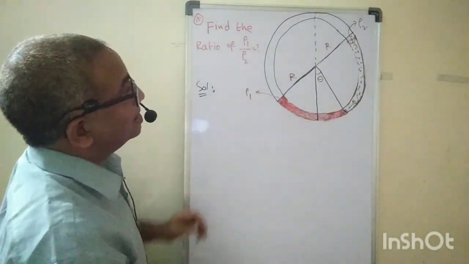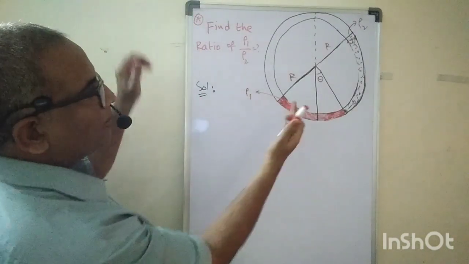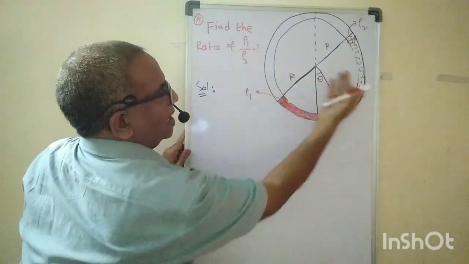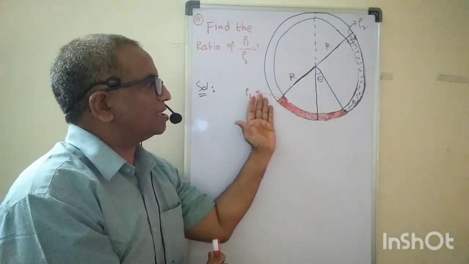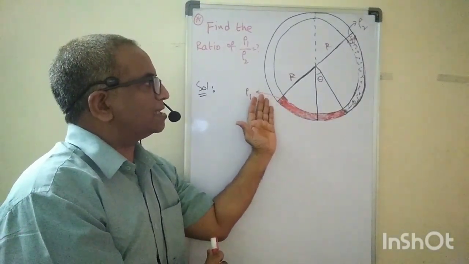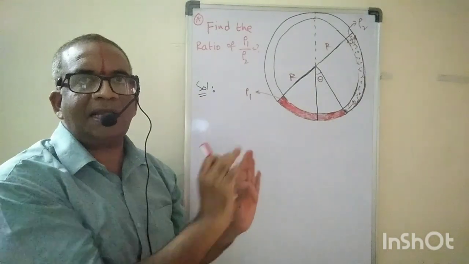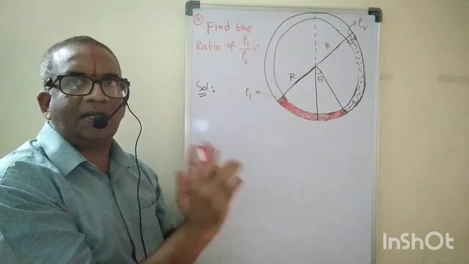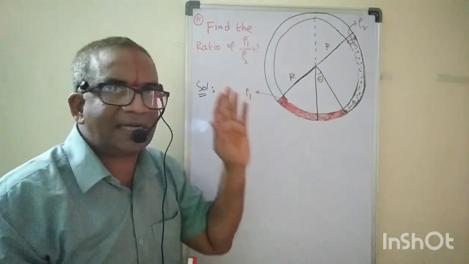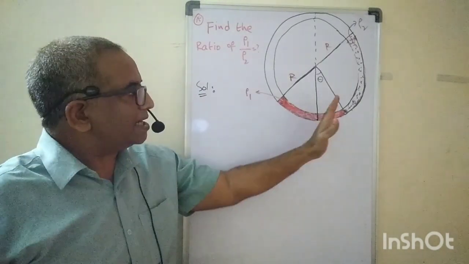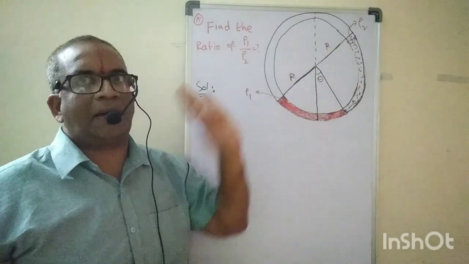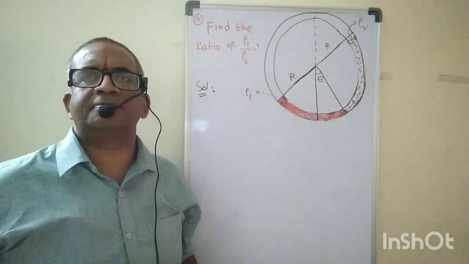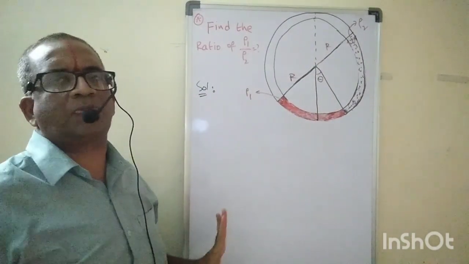Let us make it two parts, the left part and the right part. The pressure exerted on the left part is equal to the pressure exerted on the right part. That is the technique to be applied. It's a very simple one, and you can do this problem very simply.